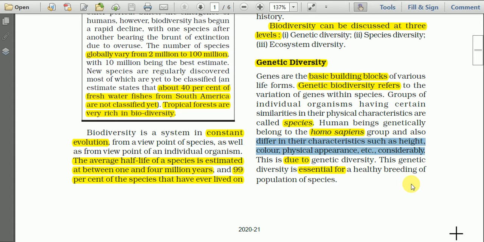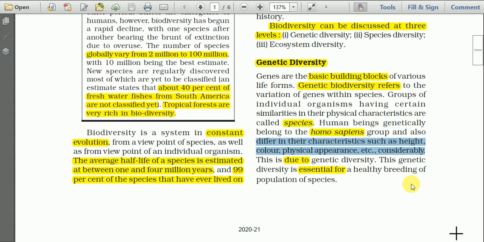Among human beings we find differences in height, color, eyes, behavioral traits, and resistance to various diseases. So why do we find such differences? This is because of genetic diversity.